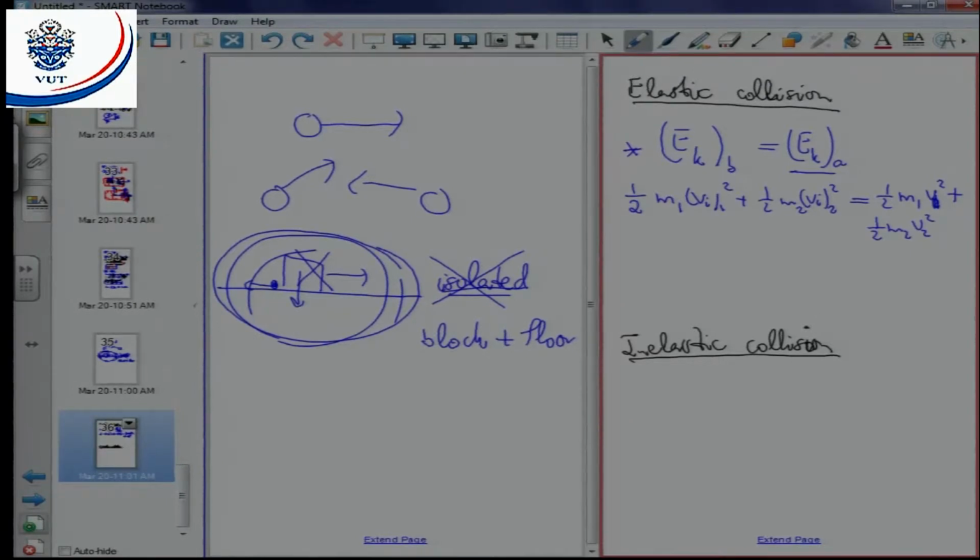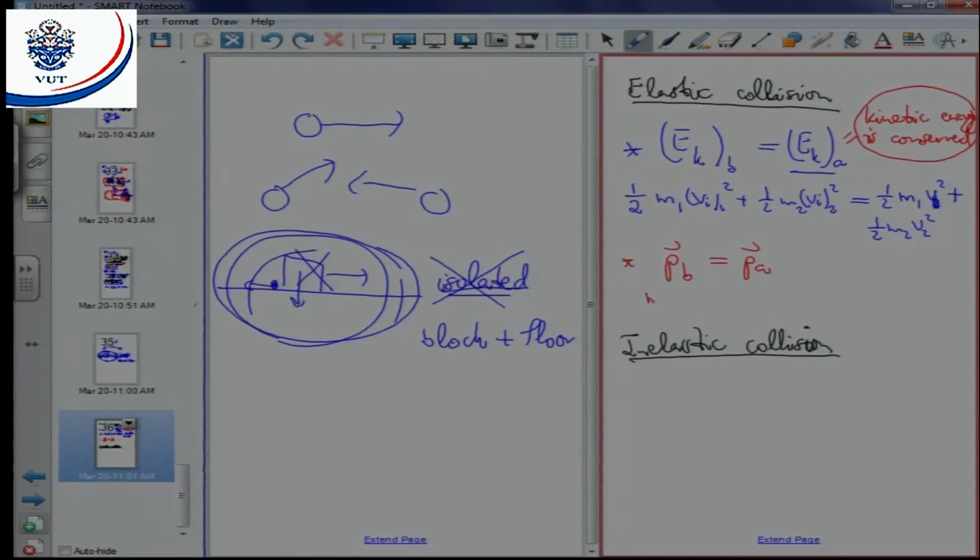We have the fact that kinetic energy is conserved. Okay, and of course, that's the condition for an elastic collision. Of course, we said conservation of momentum is always true, so we'll just add the fact that momentum before equals momentum after.